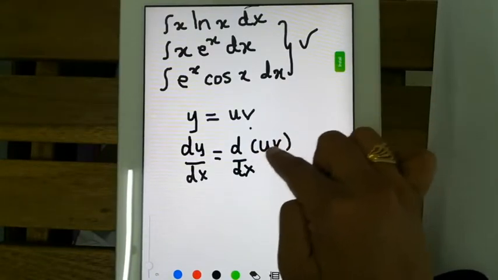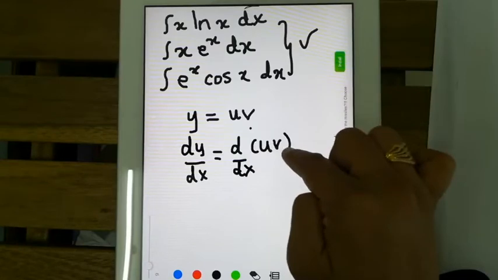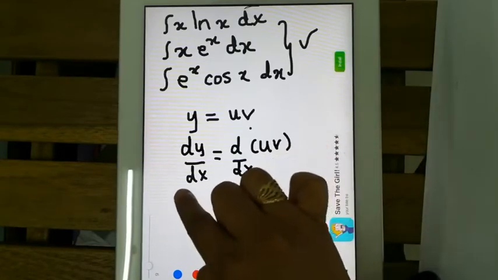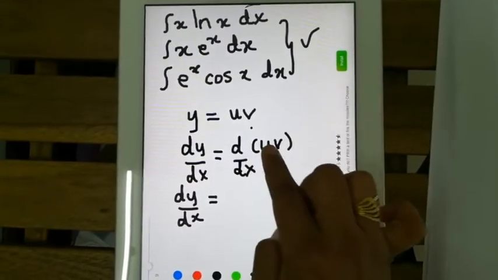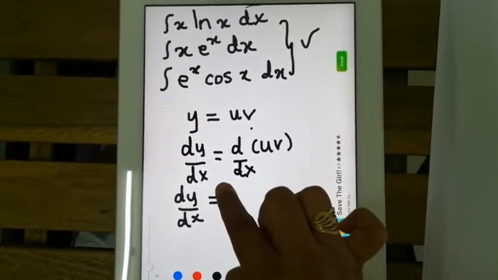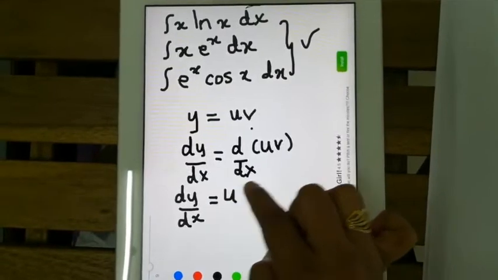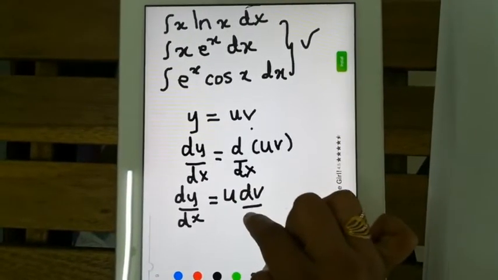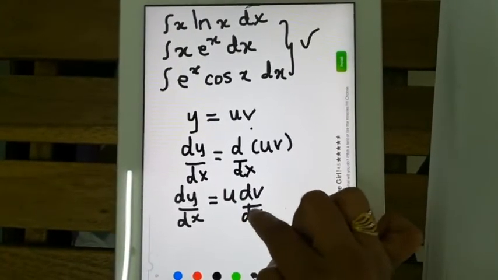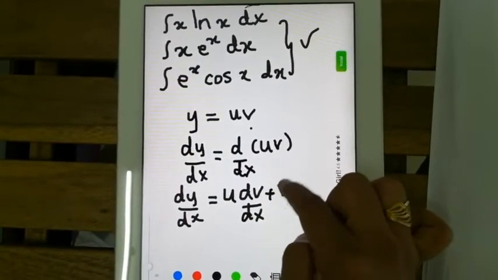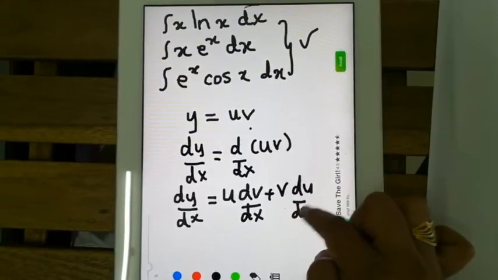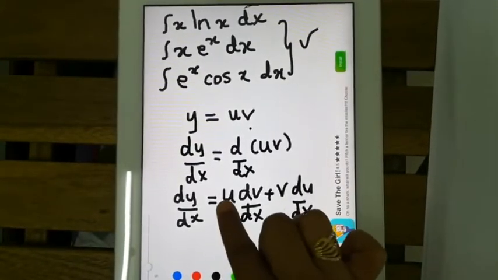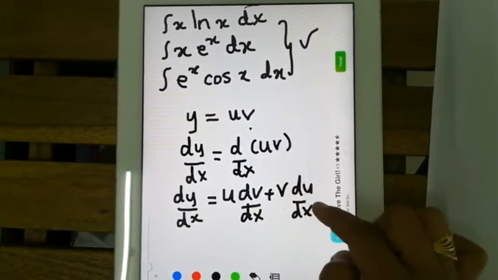Since these two are multiplied, you can use the product rule. How? Very simple: u times dv over dx plus v du over dx. It's like u v prime plus v u prime.